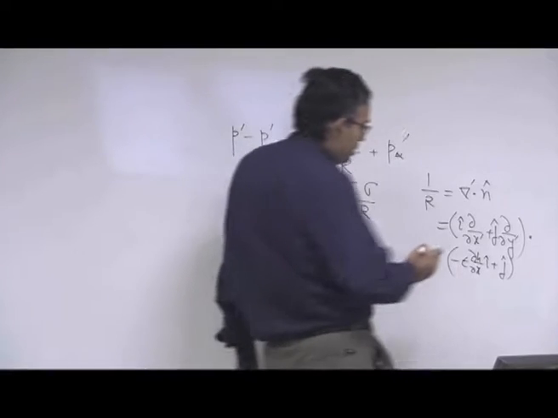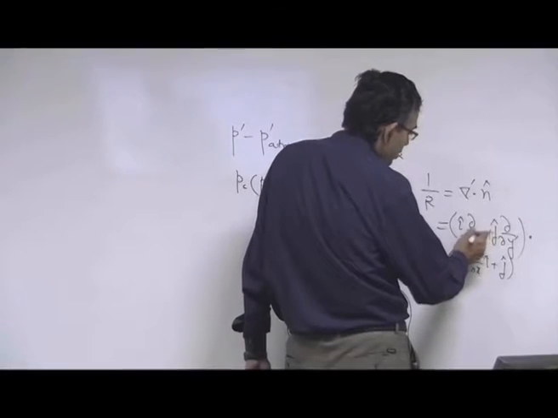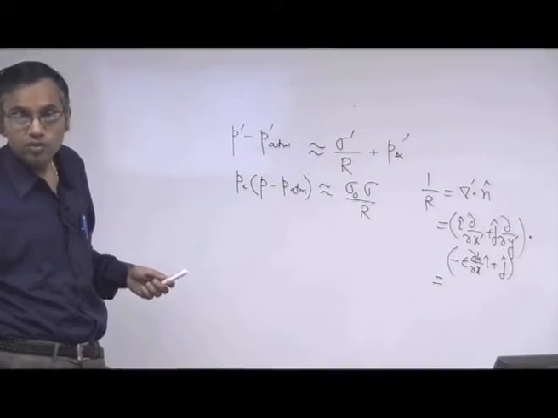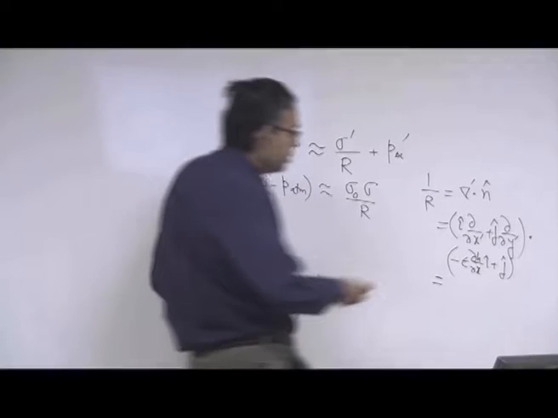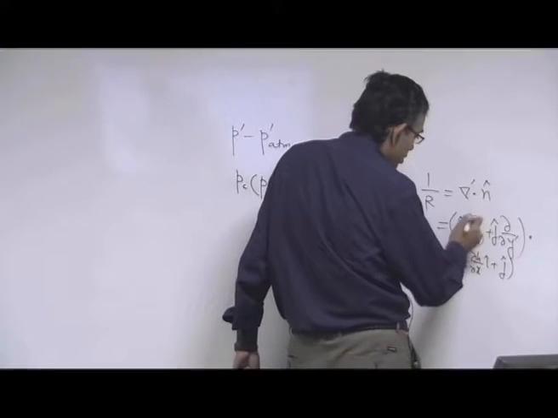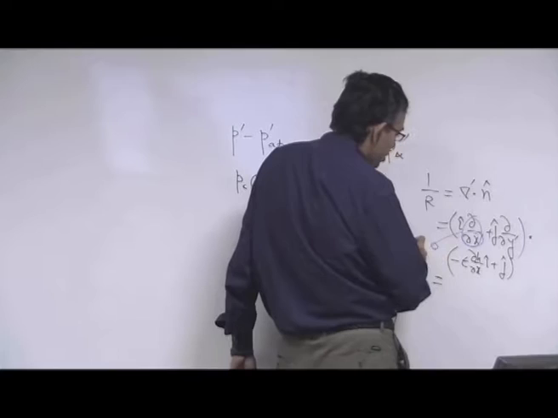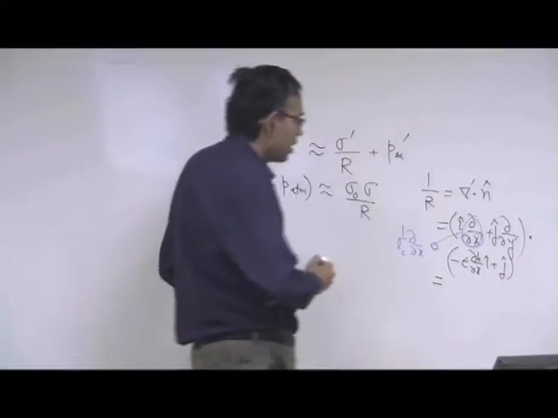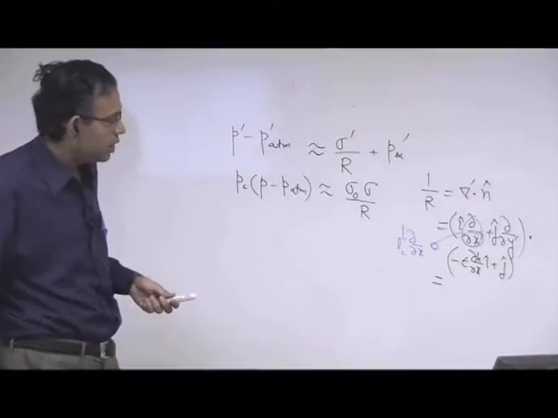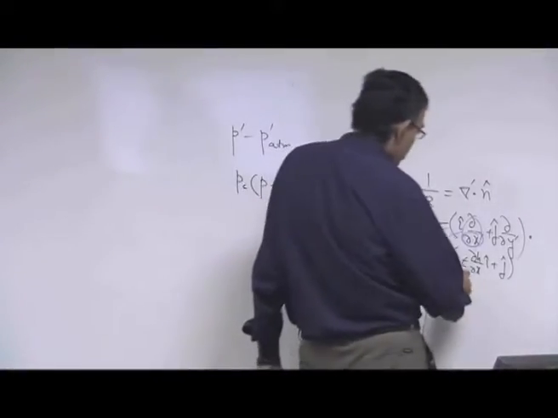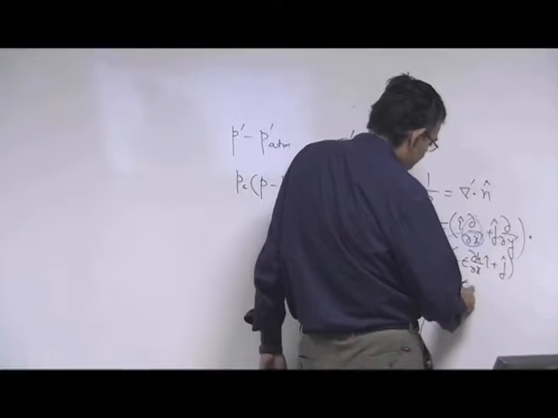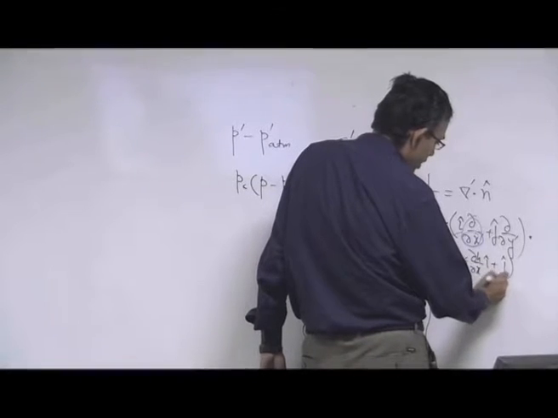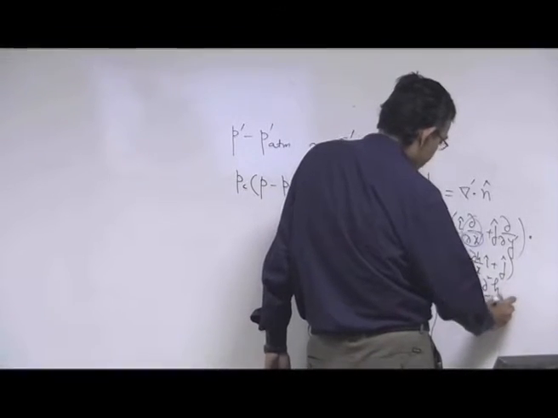Now del x dash is x into Lc, so this total operator will become 1 by Lc del x. So this will become minus epsilon by Lc del square h del x square.